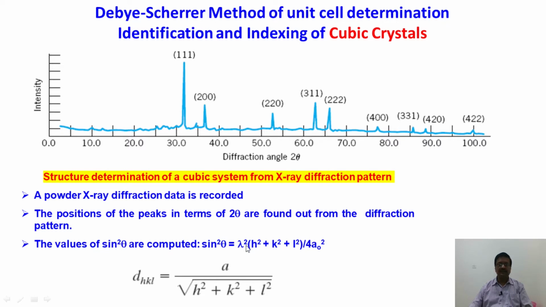That expression, which comes directly from Bragg's law, can be modified to this equation: sin square theta equal to lambda square into h square plus k square plus l square by 4a square for a cubic system. So using this equation one can find out the value of a and HKL very easily.